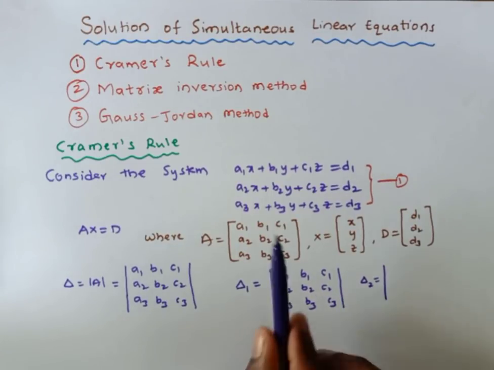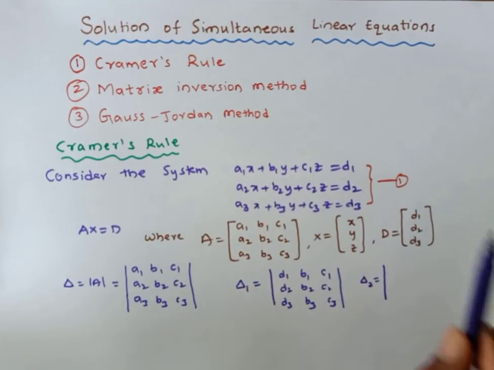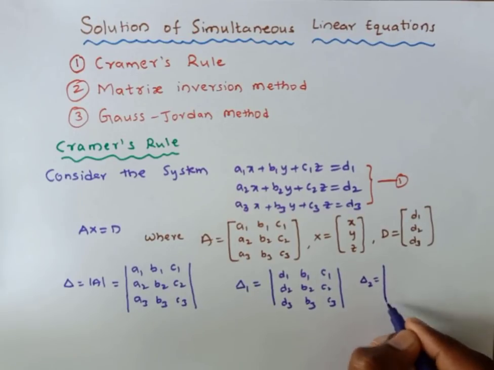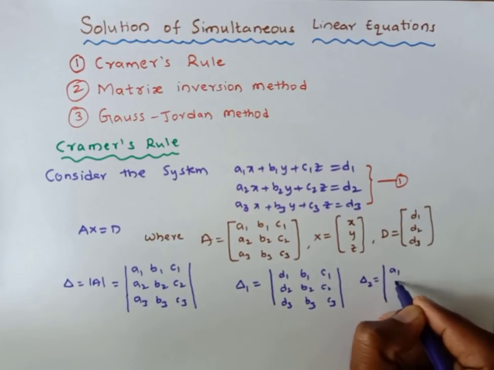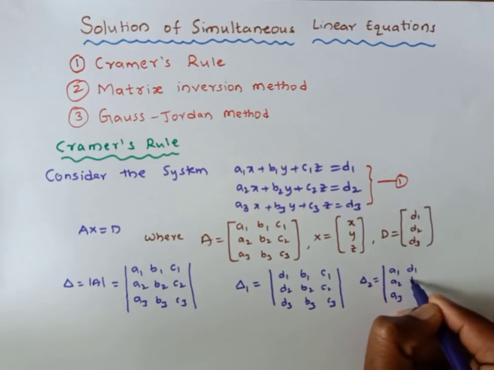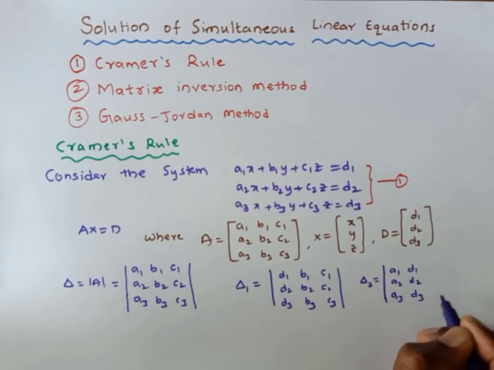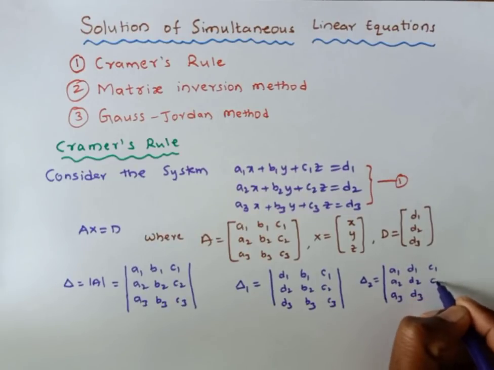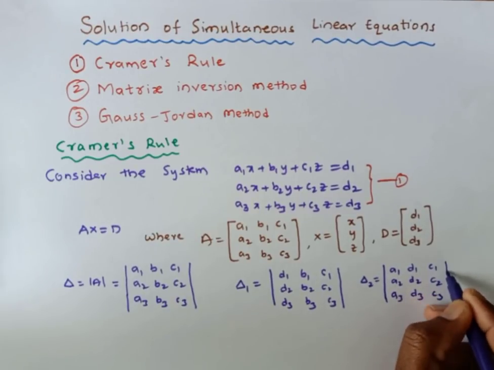Delta 2 is also a determinant, obtained by replacing the second column of the matrix A with the constants. So this is a1, a2, a3, then d1, d2, d3, and here it is c1, c2, c3.